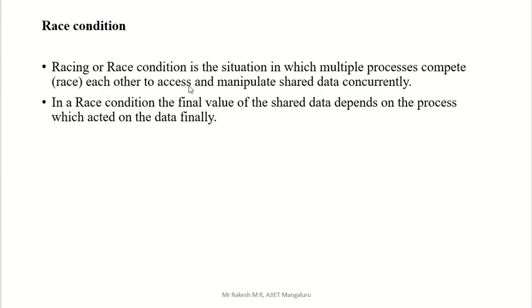Now in process synchronization we are going to get one condition, the race condition. That means two processes are there, P1 and P2. Both processes are competing with each other to get that one particular resource.